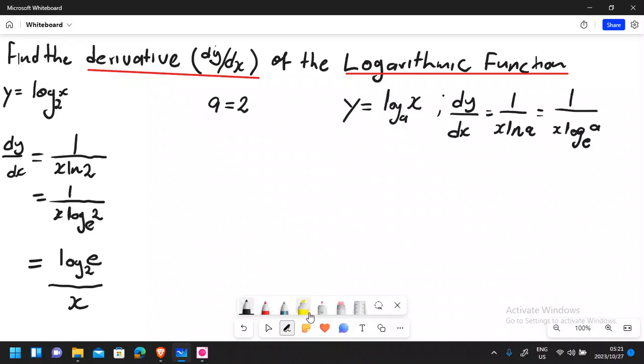Some of you might be confused, how did this become this, how did it change? As you can see now, it's on the numerator and it's also having the base of 2, because on the denominator the log was having the base of natural log exponent and 2.